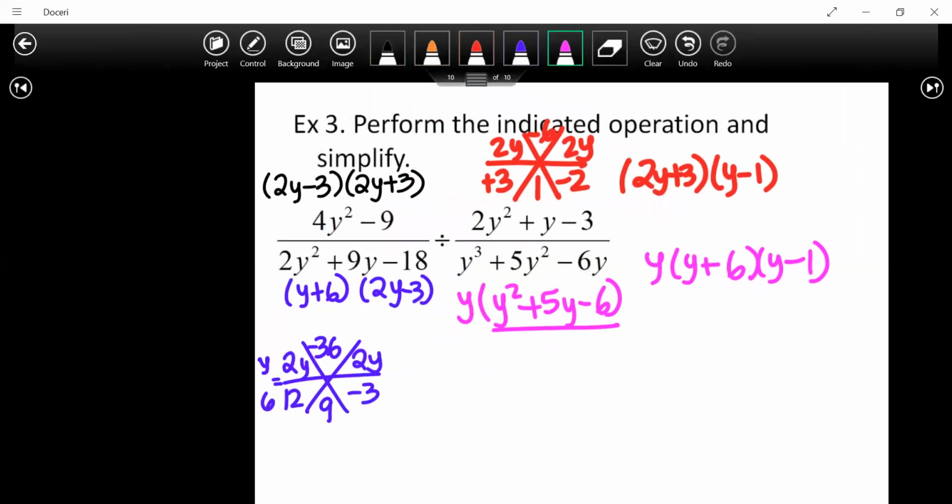So we have our full terms. We factor out the whole thing. It looks all big and great. All I got to do is rewrite it. 2y minus 3, 2y plus 3, y plus 6, 2y minus 3. That's our first fraction.